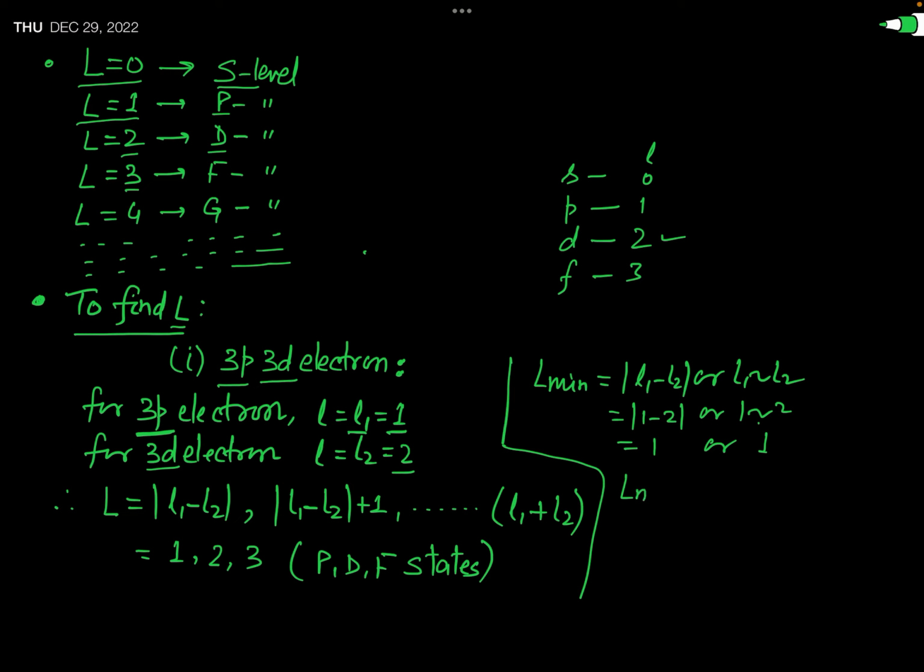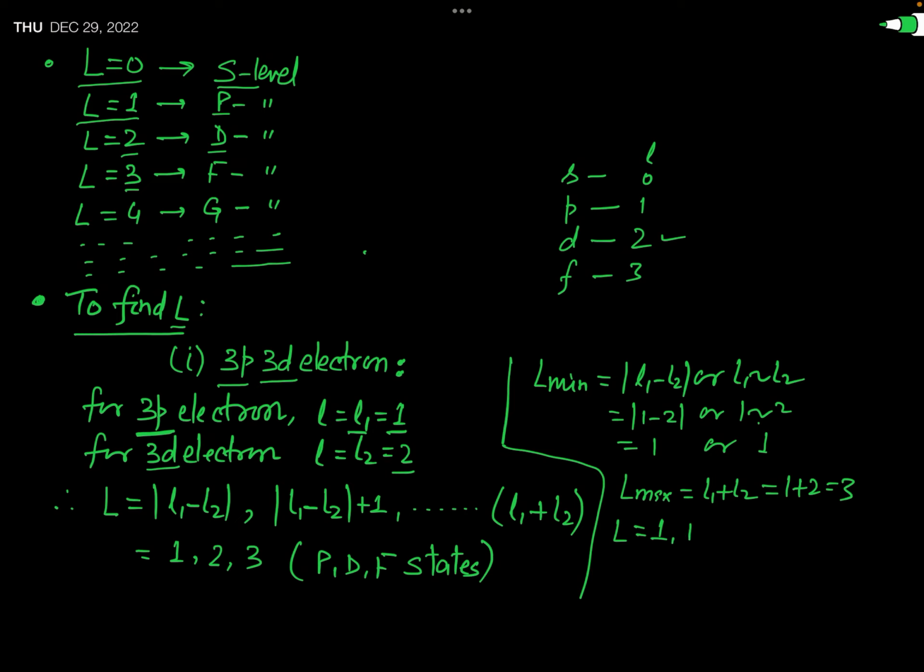Now find the maximum value, L max. Maximum value is simply equal to l1 plus l2. So this will be 1 plus 2, that is 3. Now, to get all values of L, you should write first of all the minimum value, that is 1.